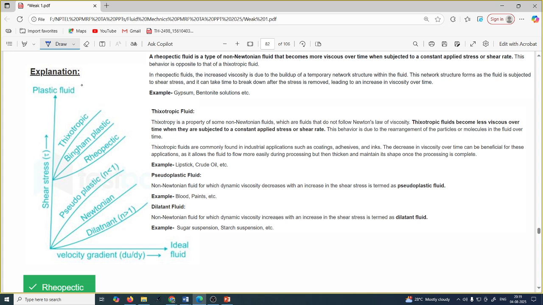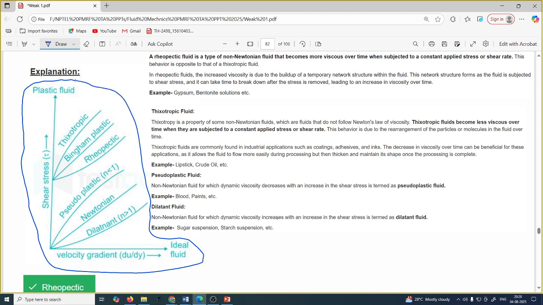Remember please, this diagram is very important for competitive exams. With time you can forget examples or concepts, but once you remember the graph of thixotropic, Bingham plastic, rheopectic, pseudoplastic, Newtonian, dilatant, plastic fluid and ideal fluid, it stays. For an ideal fluid the shear stress will be zero, so definitely the ideal fluid will be on the x-axis only, not the y-axis. For a plastic fluid the viscosity will be zero.